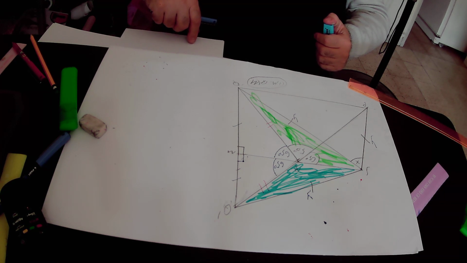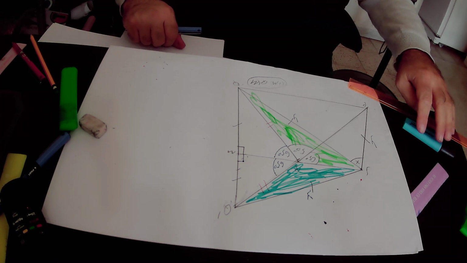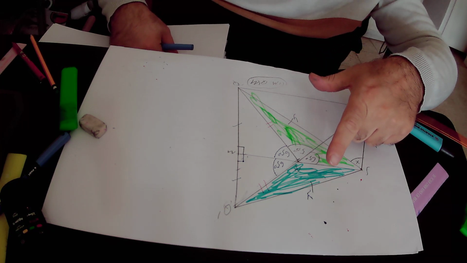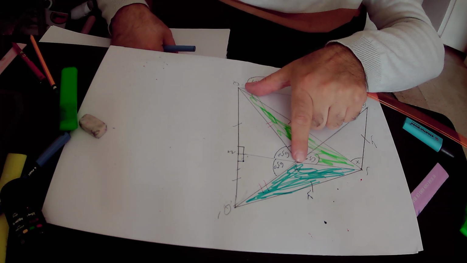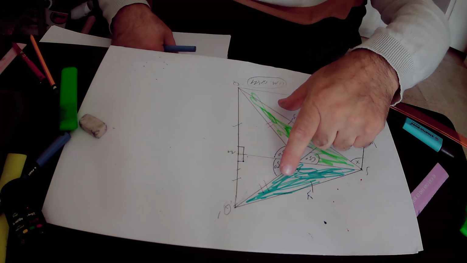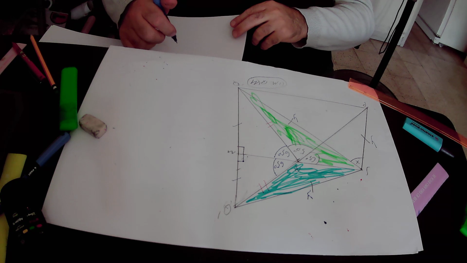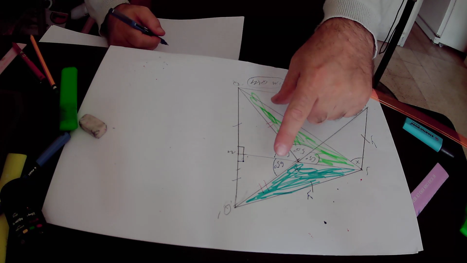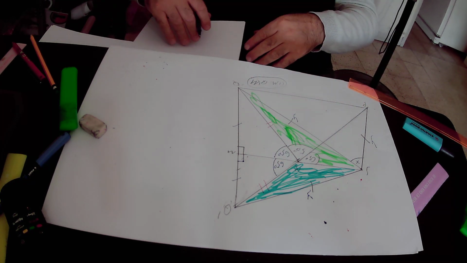So on the green triangle and the blue triangle, we know that QR, this side, is equal to Q dash R. We have already proved that those two sides are equal to each other.